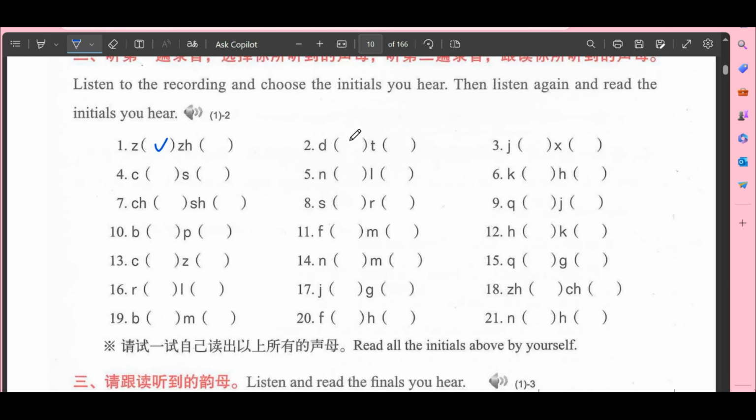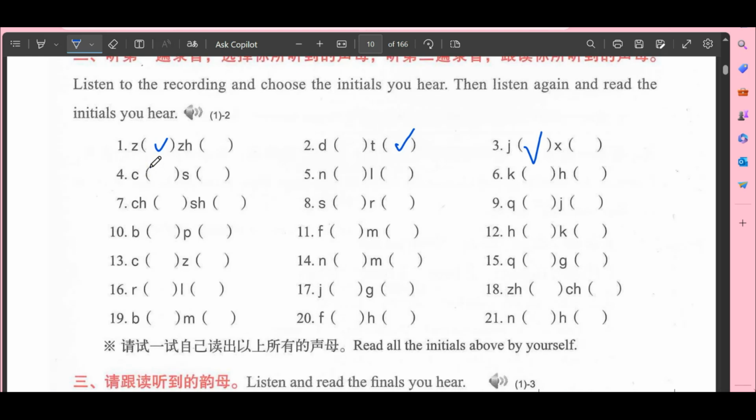Did you hear d or t? The correct answer is t. Okay, did you hear ji or xi? The correct answer is zhi.